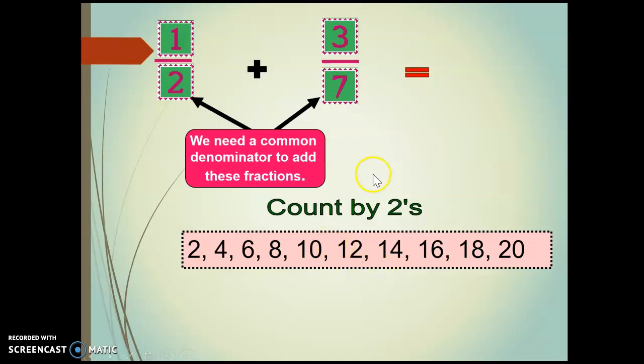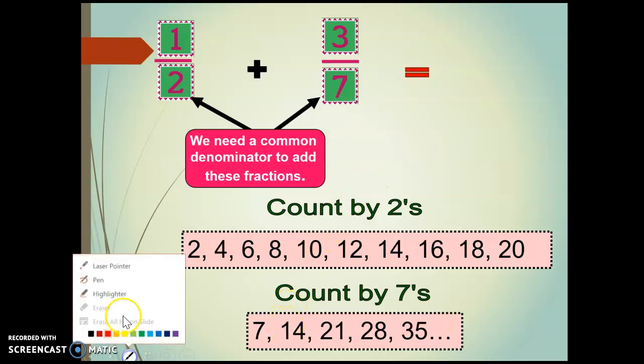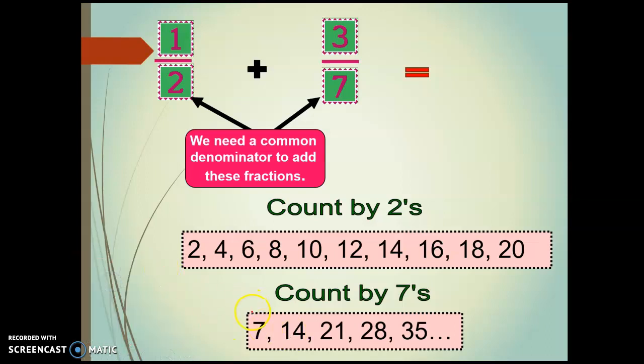And when we count by sevens, we have 7, 14, 21, 28, 35, etc. Okay, so as you have noticed, there is a number that is common to the two sequences.